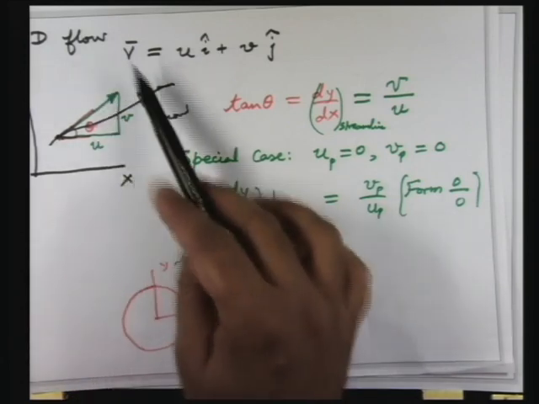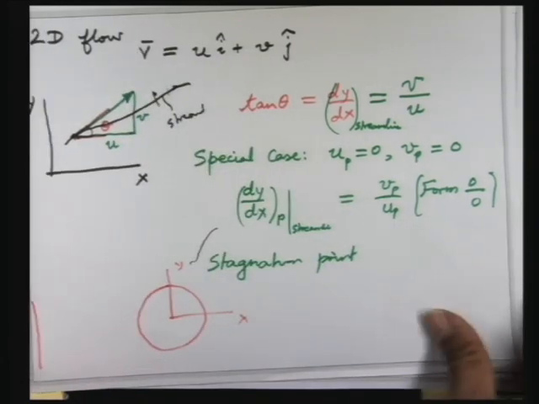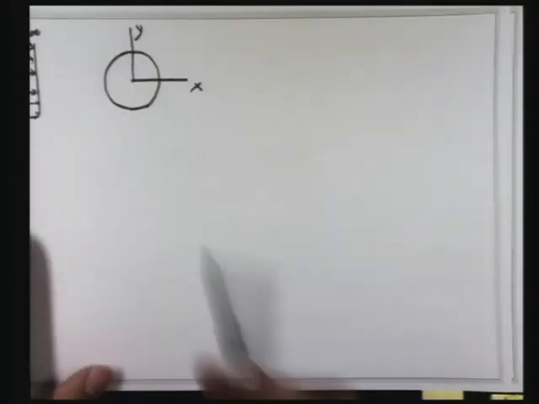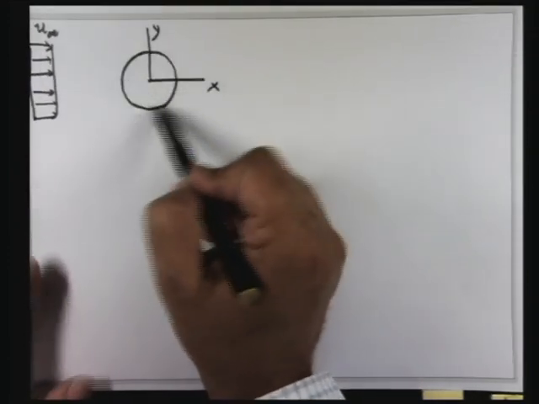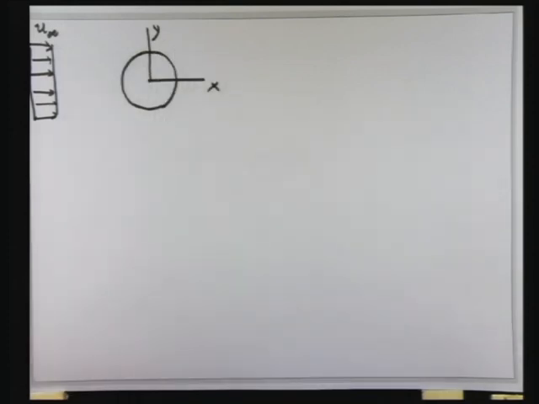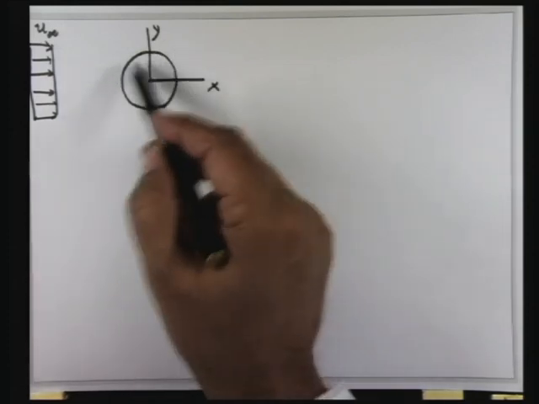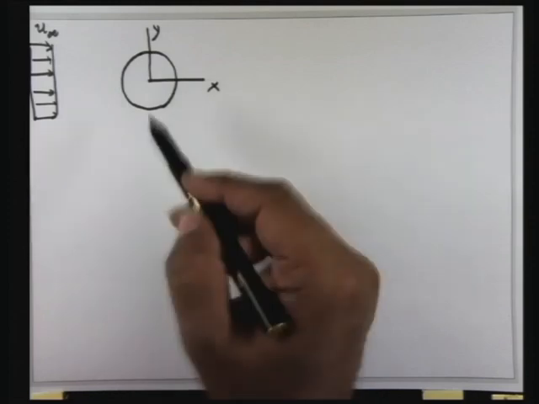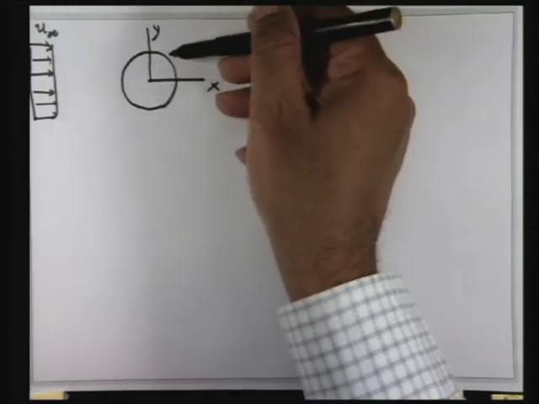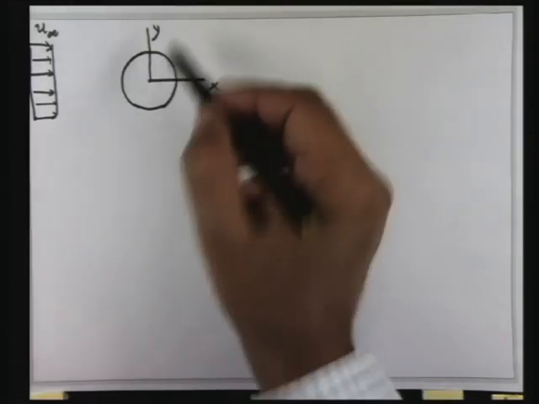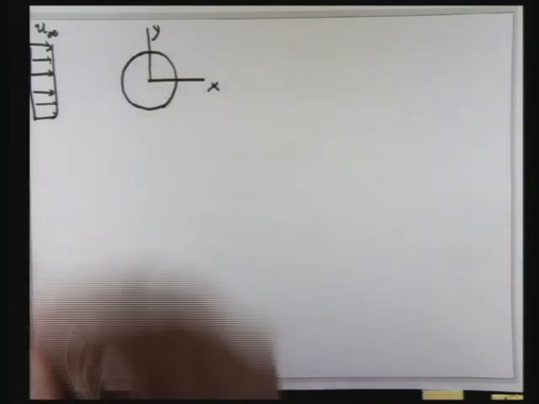The normal component of velocity is 0. Now you come back over here. This circular surface is the surface of a solid cylinder, and we'll assume that it's not porous, it is impermeable, so no fluid is going to seep through. So therefore you can say that this is a streamline, a circle.